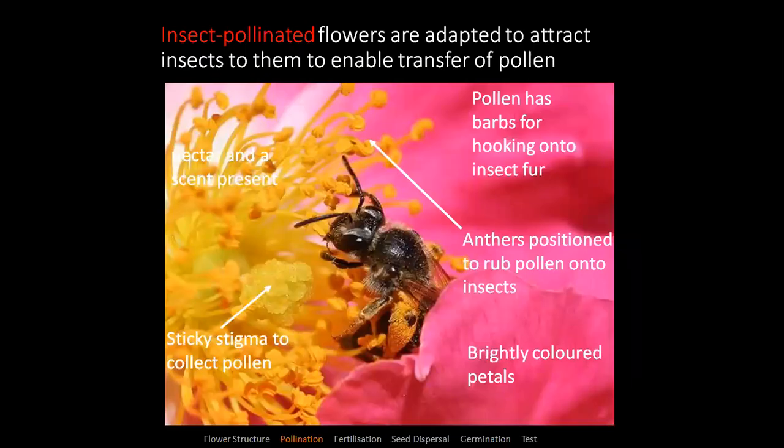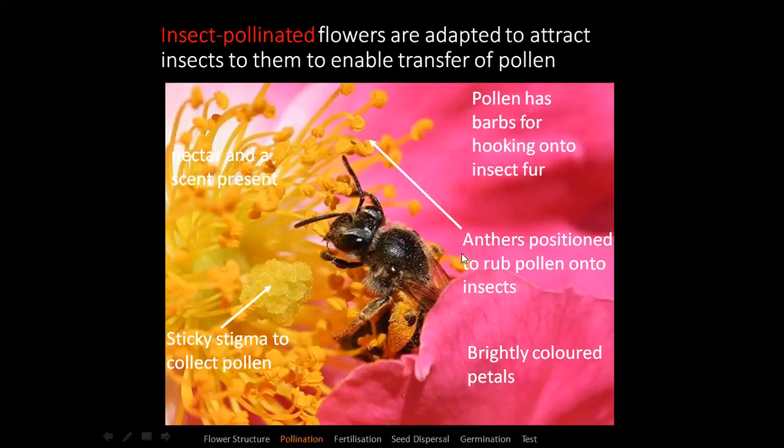First, insect pollinated flowers are adapted to attract insects to them to enable transfer of pollen grain. Remember, in flowers where pollination happens through insects, the petals will be brightly colored, so that they attract the insect.